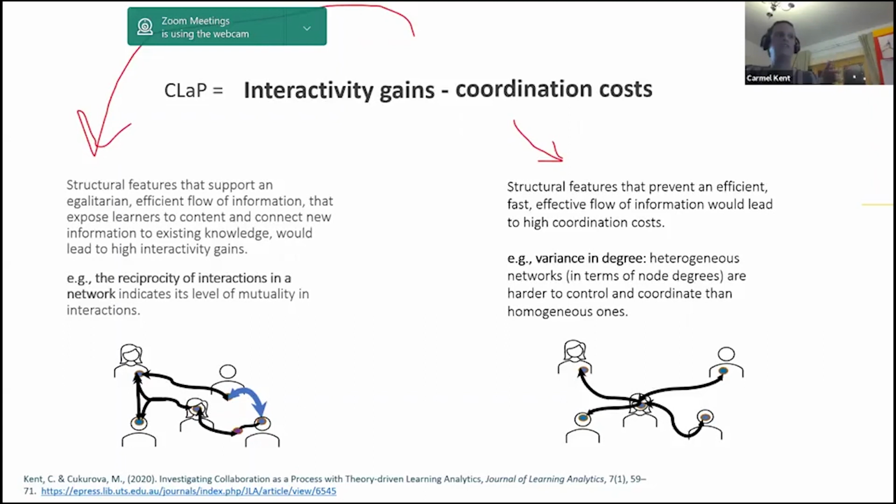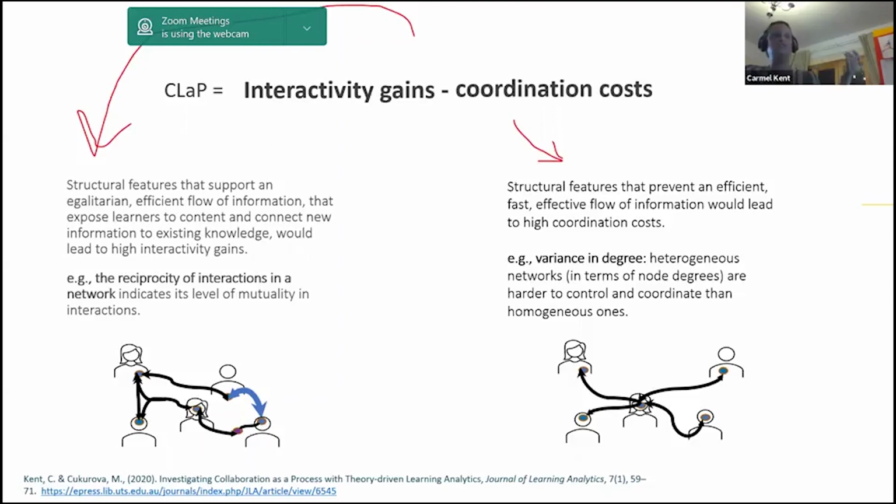Just as an example, in this sketch here, you can see one person in the middle whose degree is very high. She's connected to everyone, but the degree of the other people is very low because each and every one of them connects just to her. So this is an example, unlike the one on the left side, that is very heterogeneous.